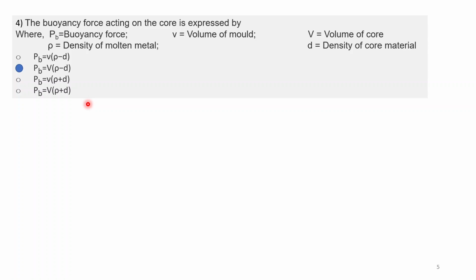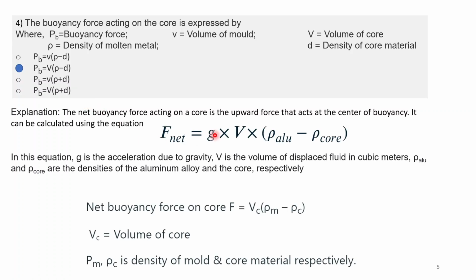The answer will be the second one. For this question you just have to remember this formula. The net force acting on the core is the upward force which acts at the center of buoyancy, and it can be calculated using the equation F net force equals to g.